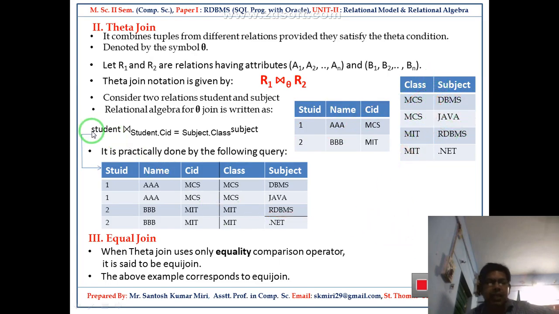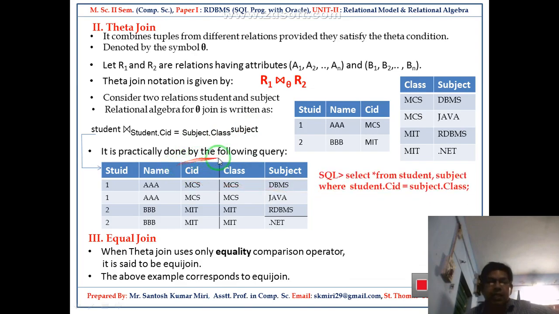The relational algebra for theta join is written as student join student.CID is equal to subject.class. Subject.class means subject is a field of the subject table.